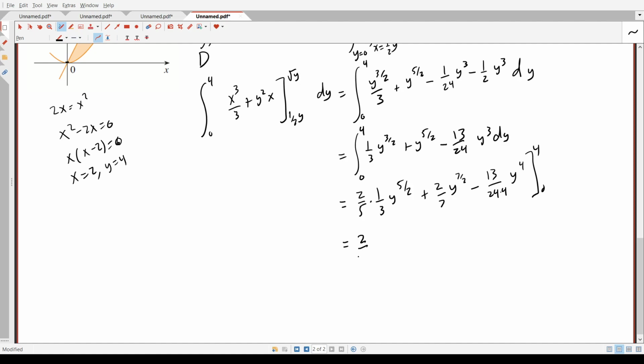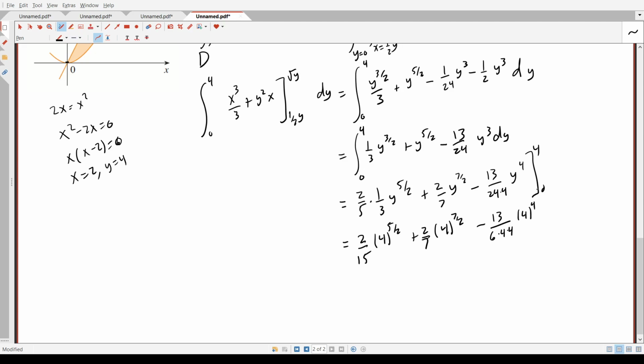So we have 2 over 15, 4 to the 5/2 plus 2 over 7, y to the 7/2 minus 13 over, I'm going to put this as 6 times 4 times 4 times 4 to the 4th.